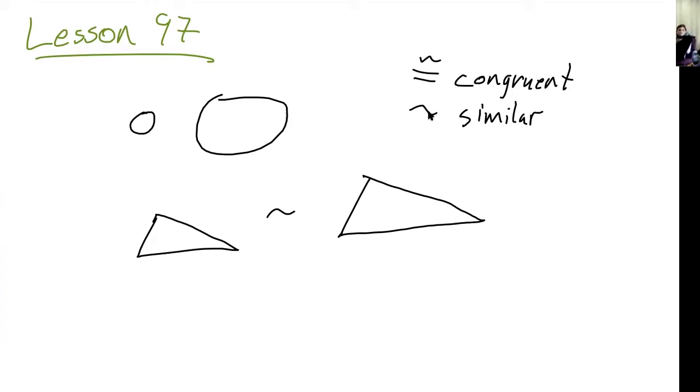So similar is like same shape. Equal sign is like the same dimension. So same size and shape. So I love how this symbol for congruent combines equality and shape, same shape and same dimensions. So that's just cool how that works out.